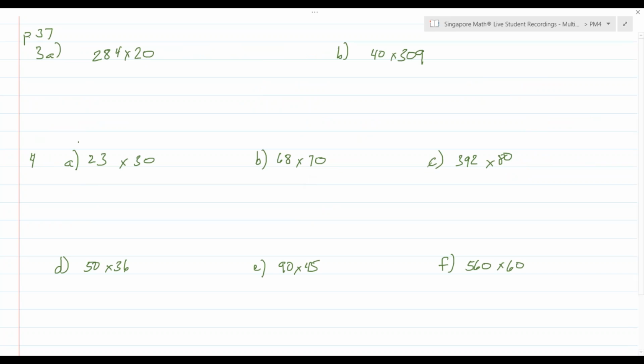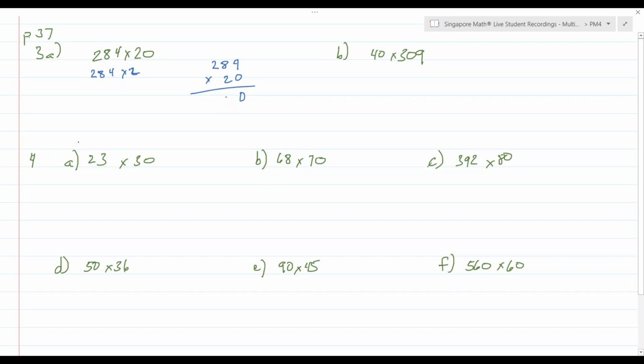We could think of 284 times 2. Quite a few numbers, right? Let's start out with that being a vertical problem. And here's the point we want to make. When we multiply by 20, it's going to give us that many tens at the end.